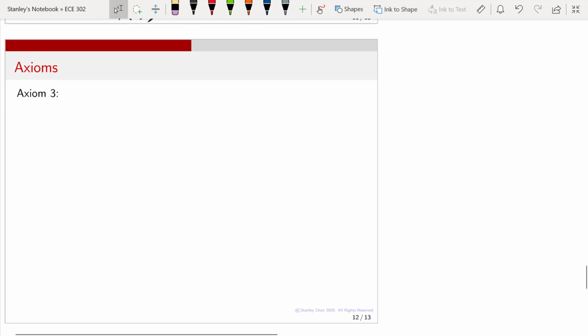The third axiom says that for any disjoint sets, when you take the probability of the union, you can add them up.